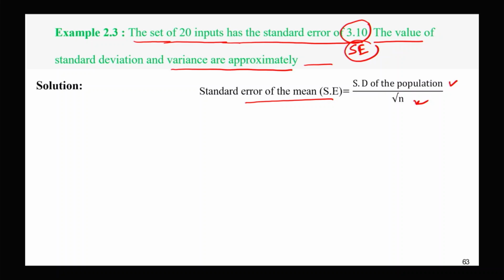So here n is given, 20, and standard error is given, 3.1. So from there we should be able to calculate the standard deviation of population, which is standard error of mean multiplied by under root n.